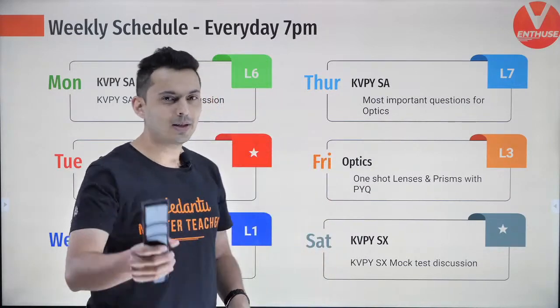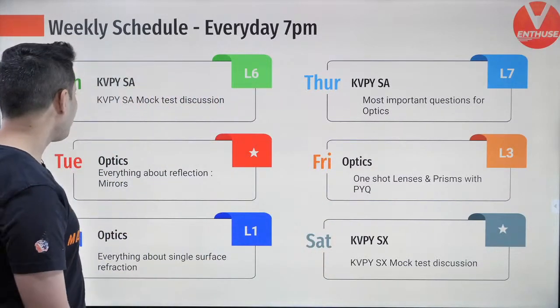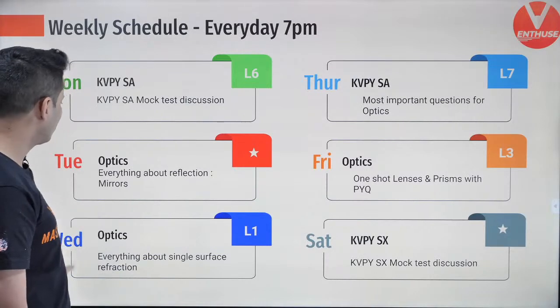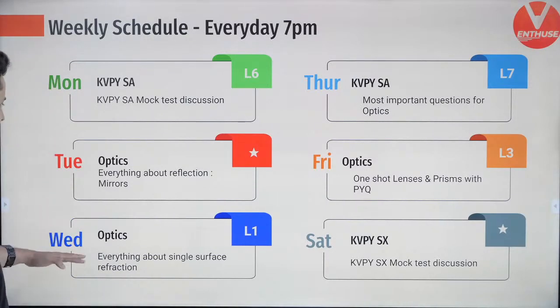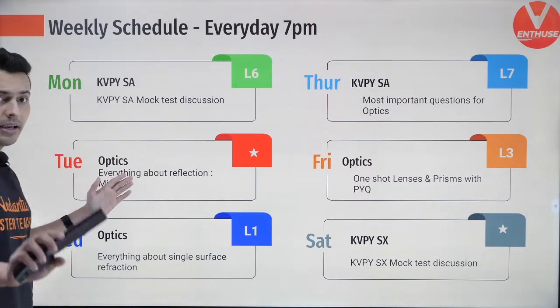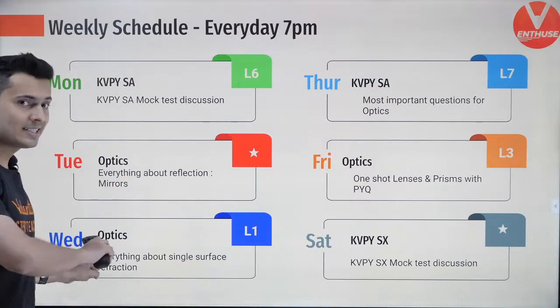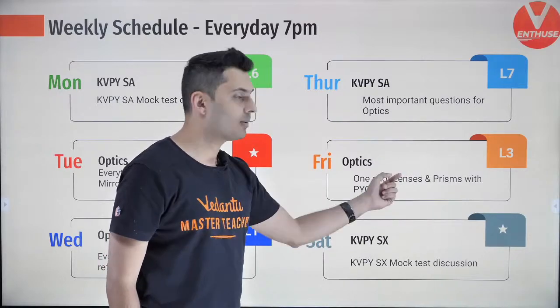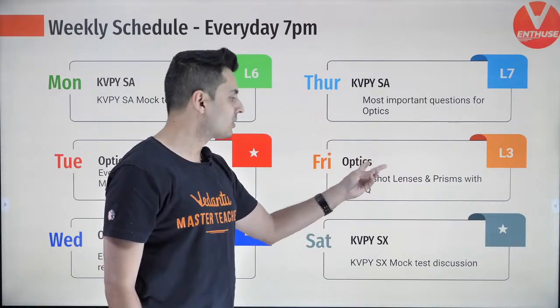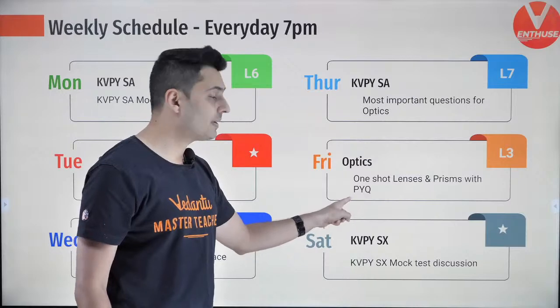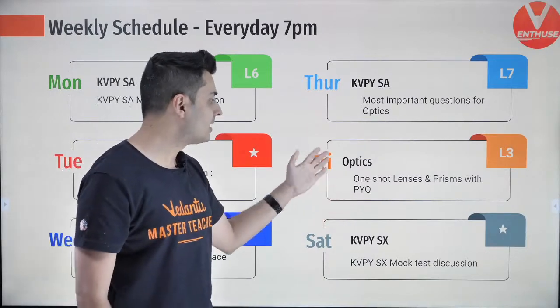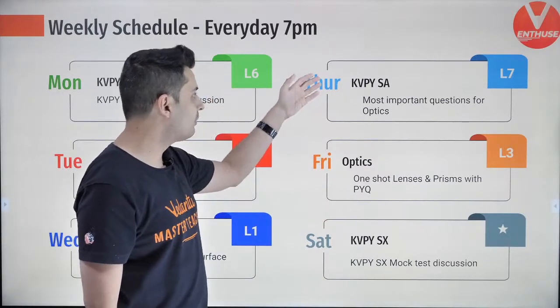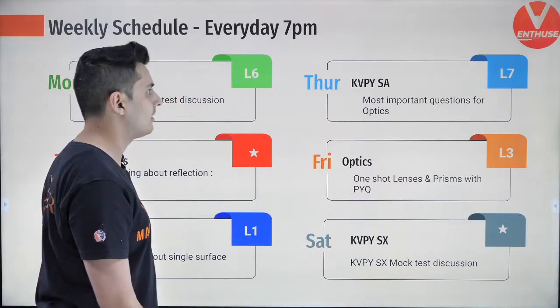So the schedule for the week is out. We are having a lot of KVPY sessions and optics related sessions today and tomorrow. Today is everything about reflection. Tomorrow, single surface refraction. On Friday, a marathon session on prisms, that is two surface refraction, and lenses, as well as PYQs, that is previous year's questions, and KVPY sessions on Thursday and Saturday as well.